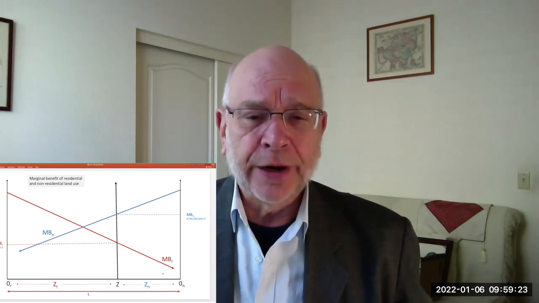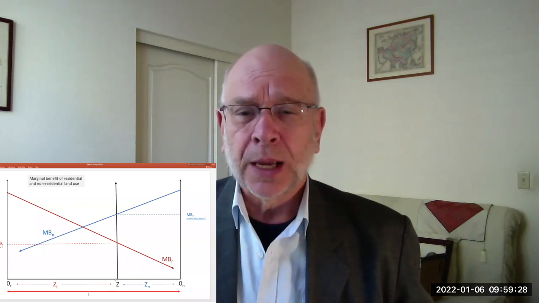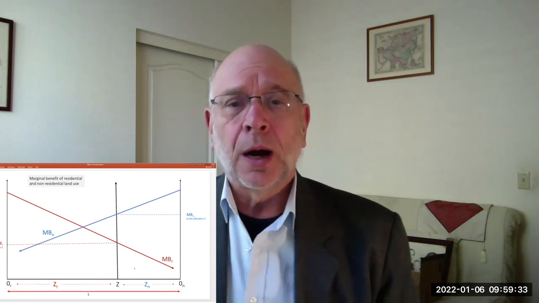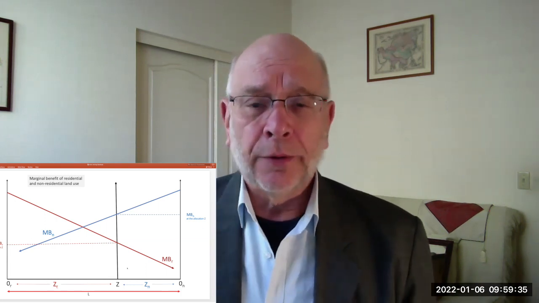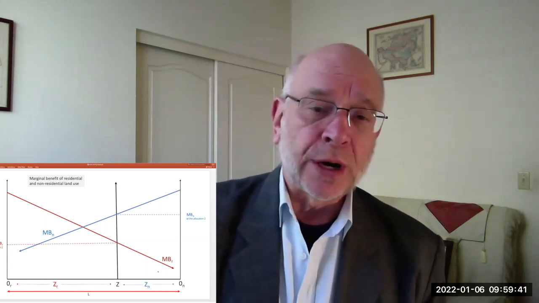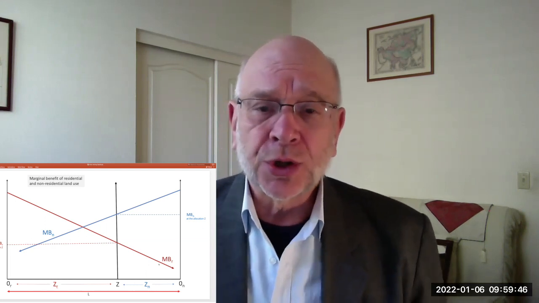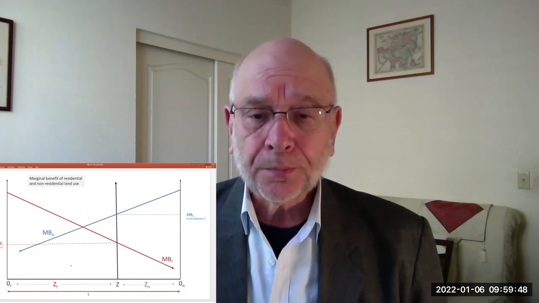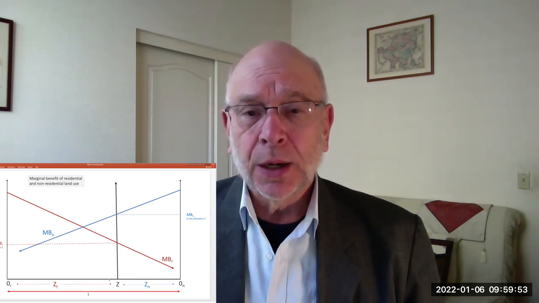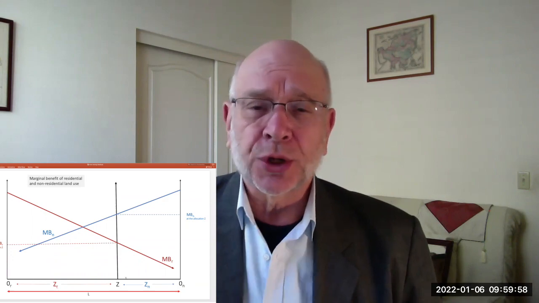That's a very convenient way of representing that allocation. The further we are to the right, the greater the proportion of urban land dedicated to residential use. Likewise, the further we are to the left, the more we favor non-residential uses. Any allocation, for example the allocation Z, represents a specific ratio of residential to non-residential land.